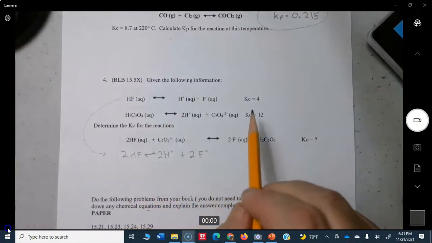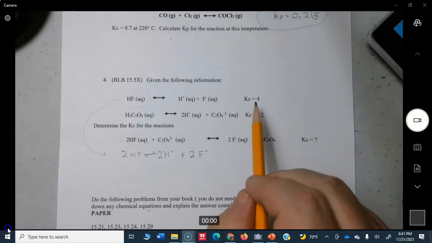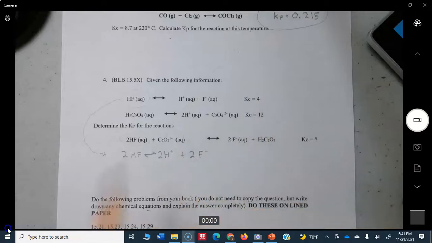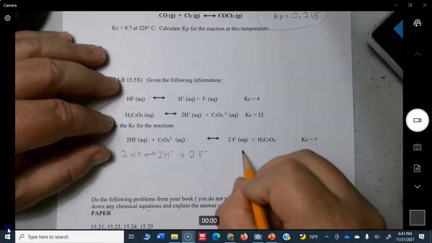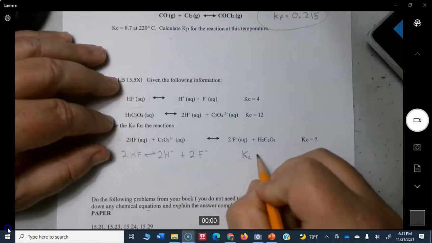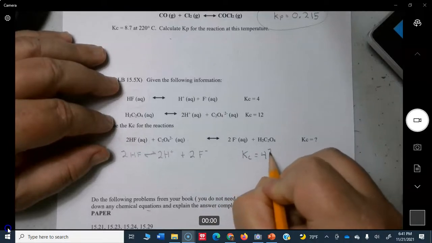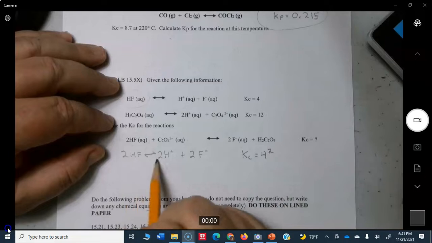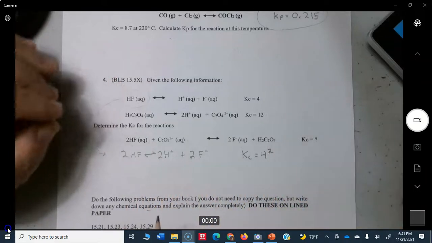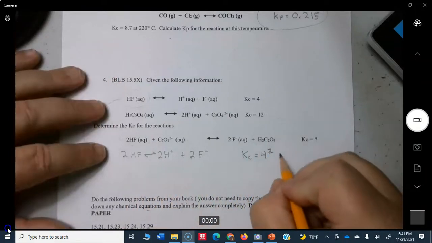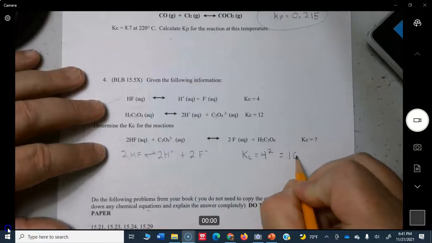And if you remember back in Hess's law with enthalpy, with delta H, what you would have done to that number there is multiplied it by 2, but you don't do that here. What you do is you raise the Kc, becomes that number 4 raised to the 2nd power. So you make that, remember how you make coefficients exponents in the law of mass action? That's what you do there. So that number becomes 16.